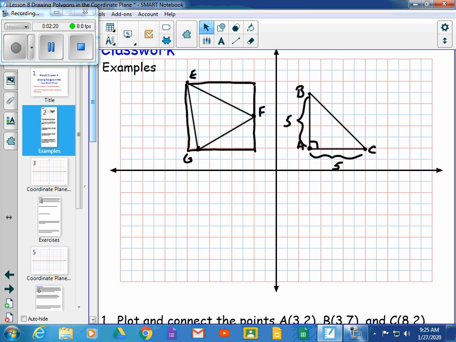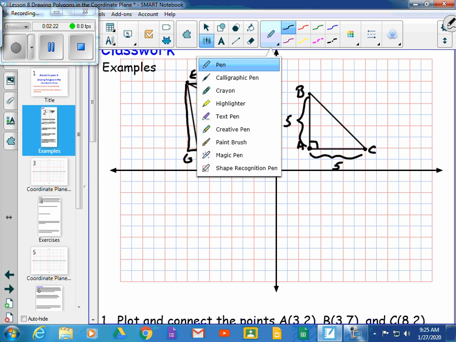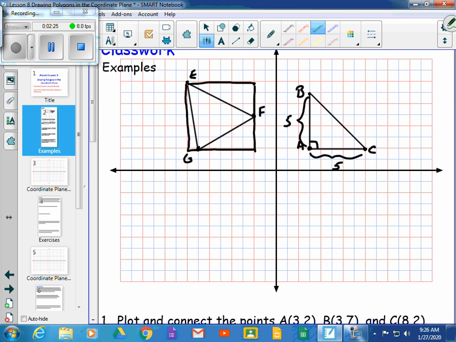Now, to make this a little easier, I'm going to color in the triangle that we're going to find the area for. We're still finding that area right there that I colored in. But now, since we drew the rectangle around the triangle, we can find the area of the rectangle and then subtract away the outside triangles.